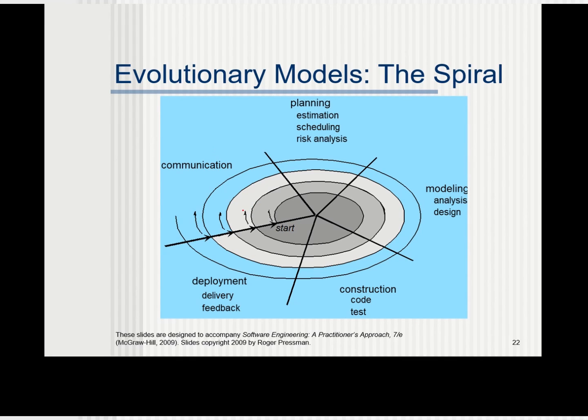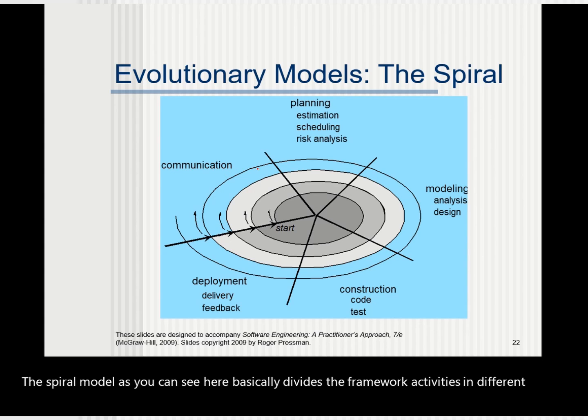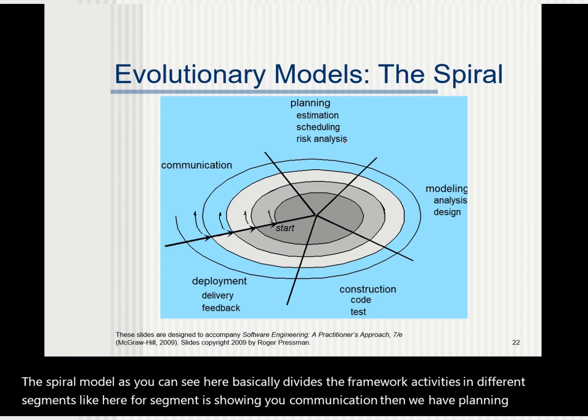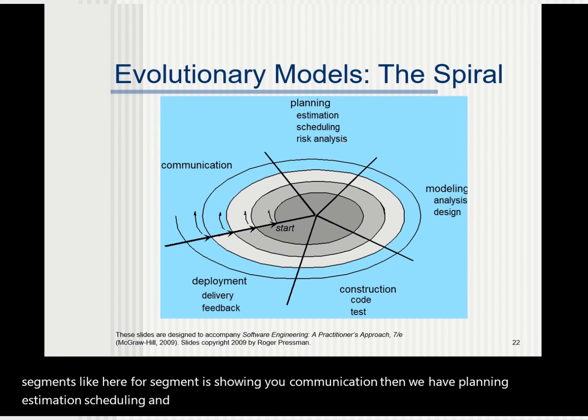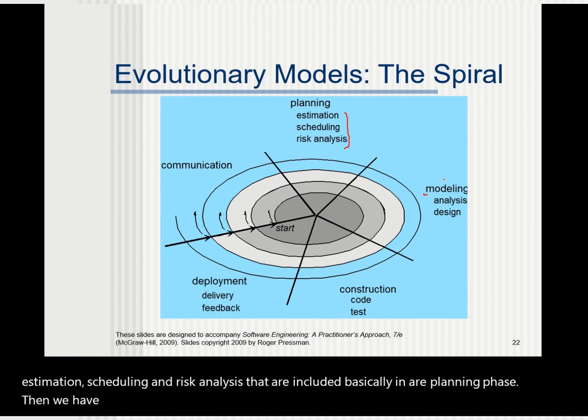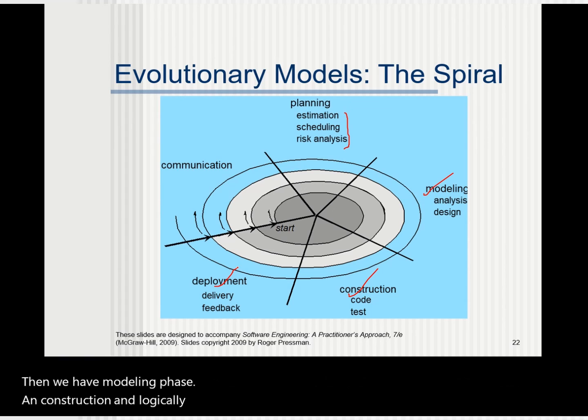The spiral model, as you can see here, basically divides the framework activities into different segments. Here, the first segment is showing communication, then we have planning, estimation, scheduling and risk analysis that are included basically in the planning phase. Then we have the modeling phase and construction, and logically we have the final deployment phase.